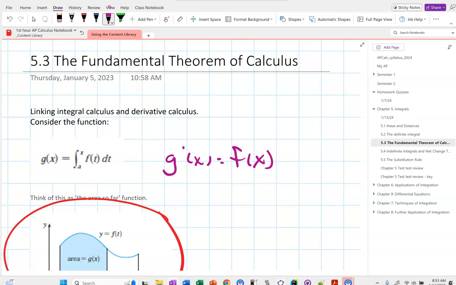In other words, the derivative operation cancels out the integral operation. Those two operations are inverses of one another and can cancel each other out. The same would be true if I take the integral of the derivative. Those symbols would cancel out, just like the derivative is canceling out the integral.